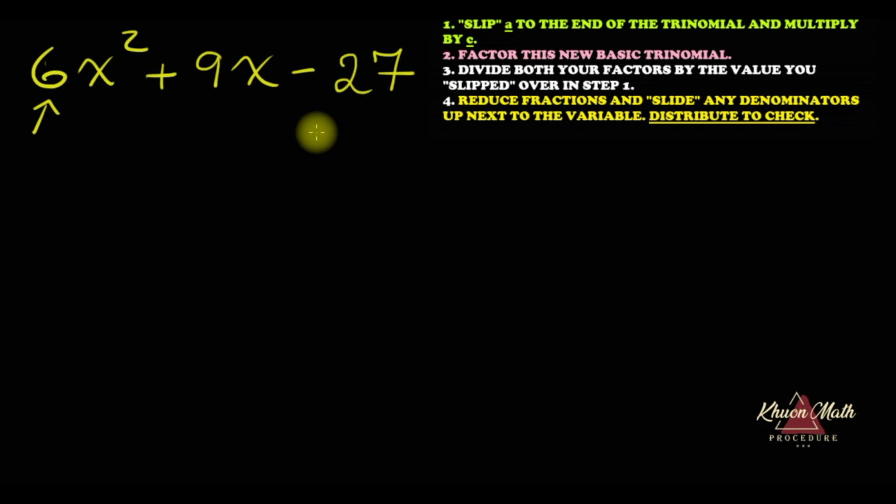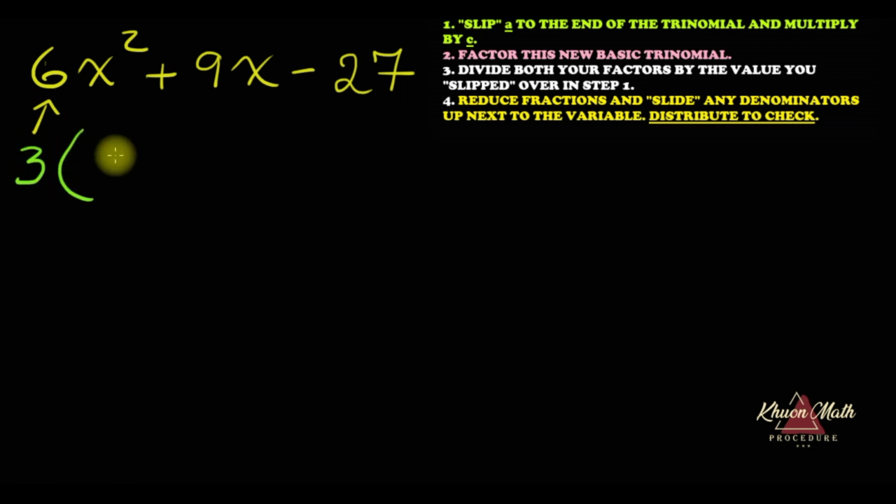So you can pull out a number to bring it down a little smaller in terms of the coefficients. So can you think of that? Greatest common factor, the biggest number that can go into 6, 9, and 27. Well, if you thought of 3, you're right. So we can pull a 3 out.